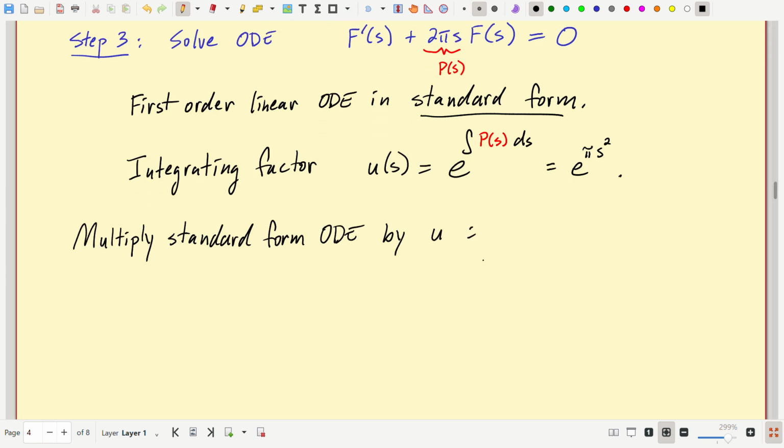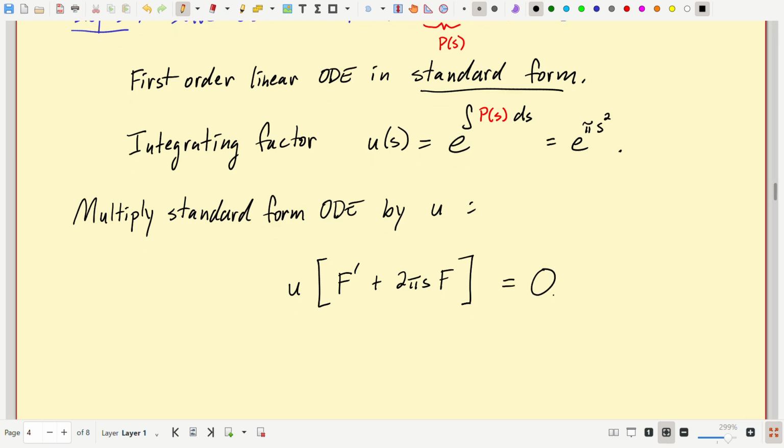And then you get u times f prime plus 2 pi s f equals, fortunately the right hand side is 0 here, that's going to be nice.